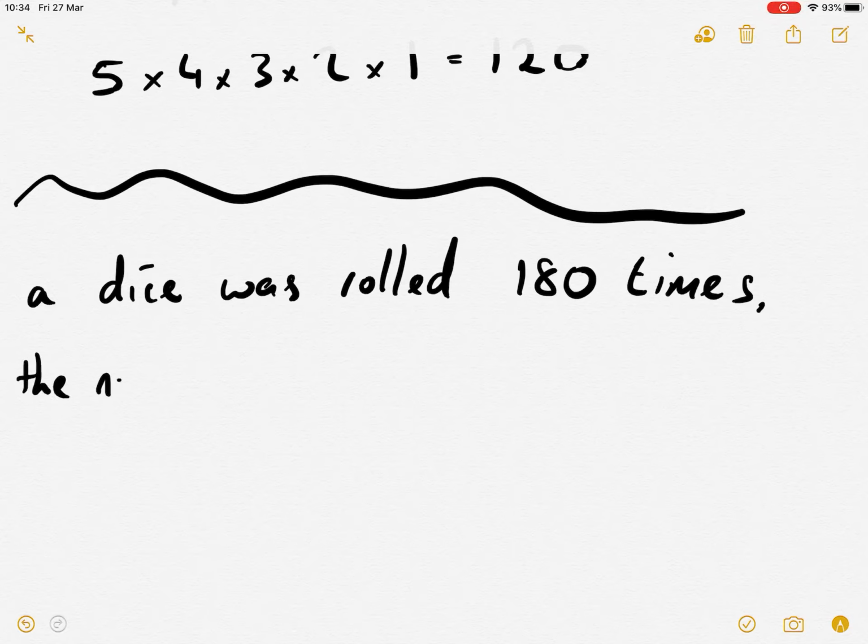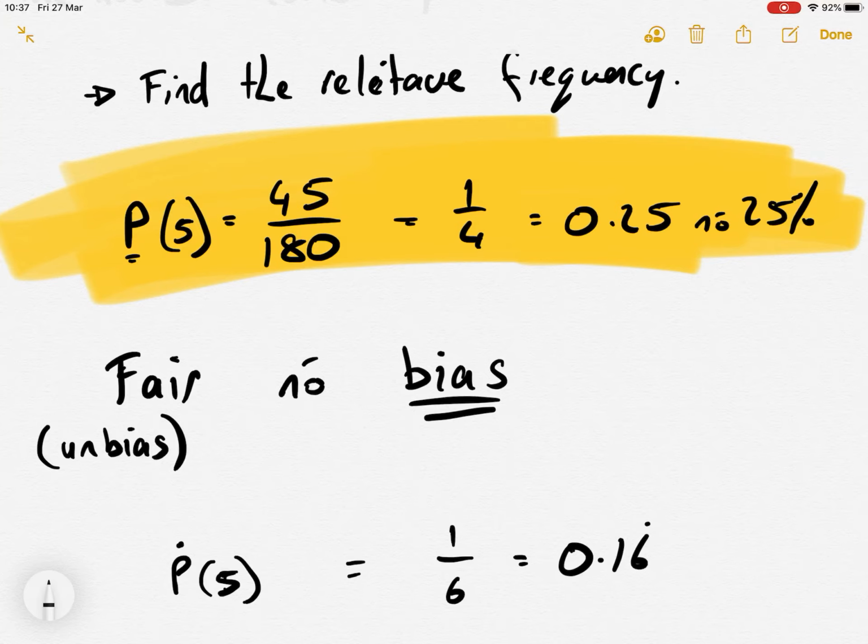If you change that to a decimal as well, it can often be easier to spot if it's fair or not. And this decimal is 0.16, with a dot over that, so 0.166666. Okay, so if you look up here, is there a big gap between 0.16 and 0.25?